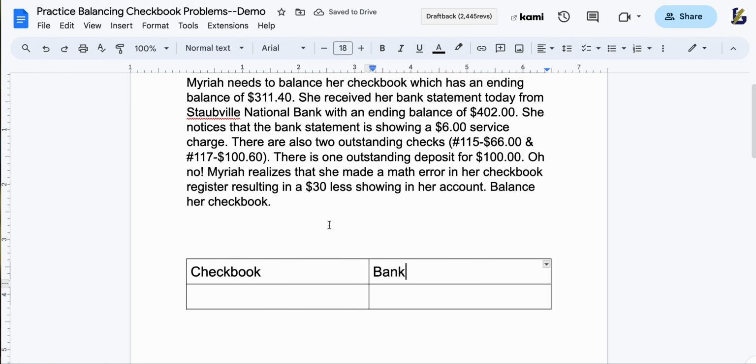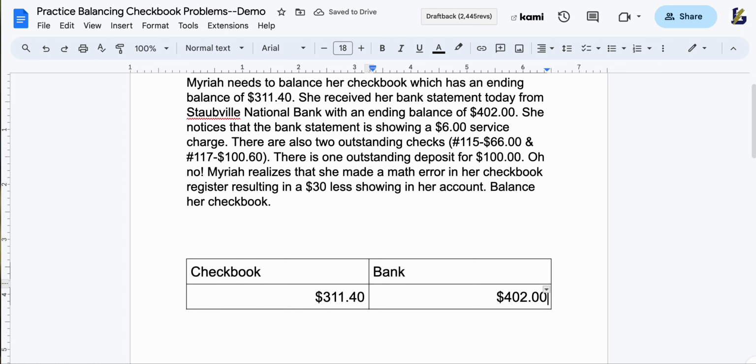Myra says her checkbook has an ending balance of $311.40, but her bank statement that she received today says she has an ending balance of $402. So the checkbook side is $311.40, with the dollar sign in front of the number, right aligned. And the bank side is $402.